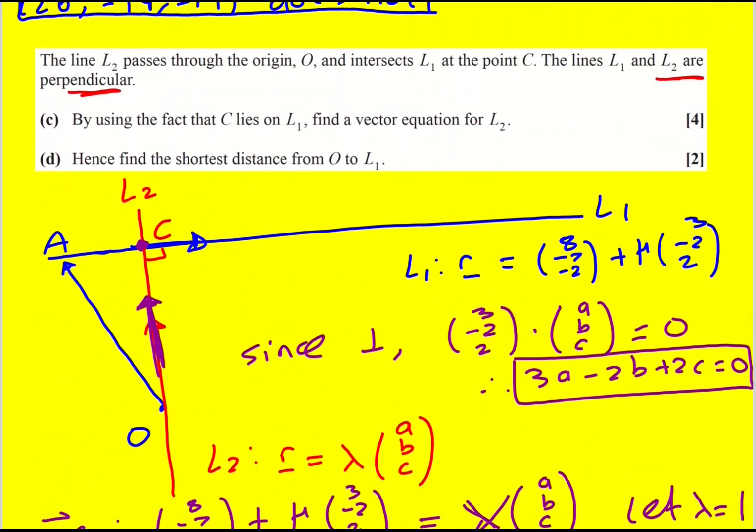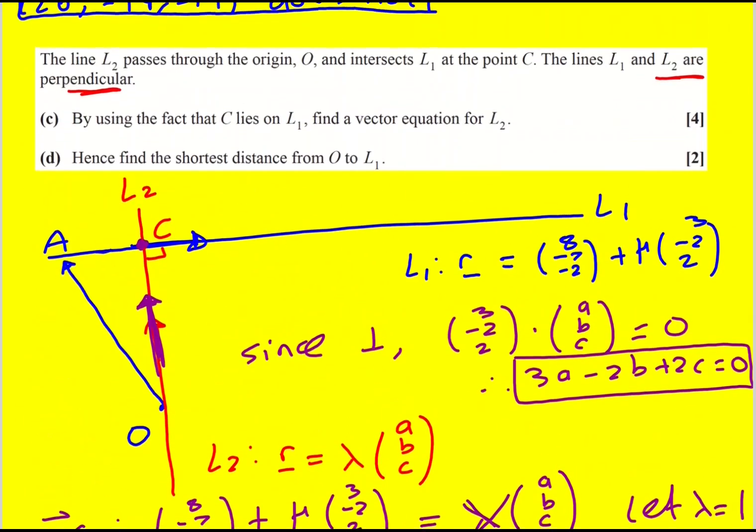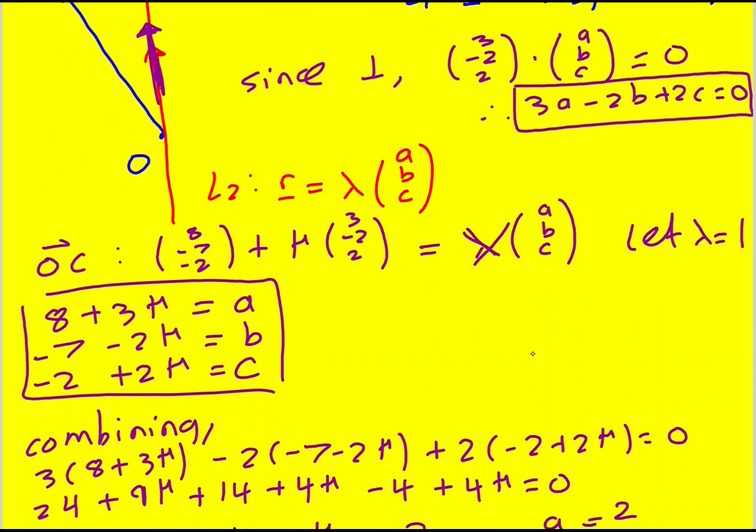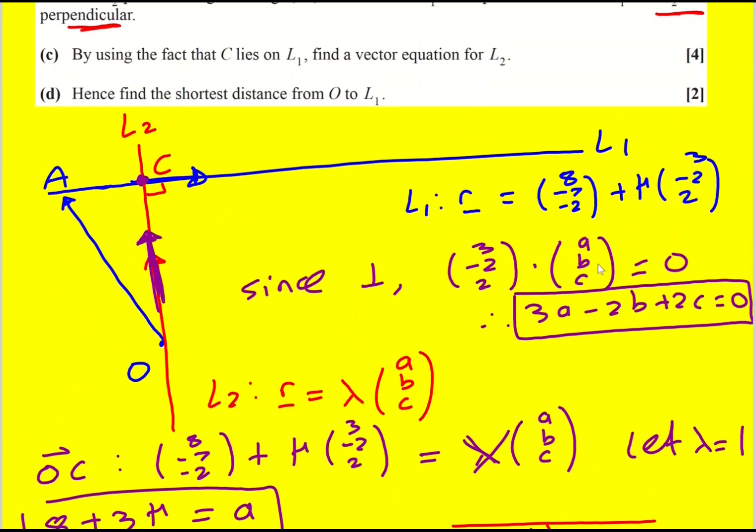And finally, we're asked to hence find the shortest distance from O to L1. Now, when you have a line and you want to find the shortest distance from a point, it is actually the perpendicular. So the shortest distance from O to L1 is precisely OC.